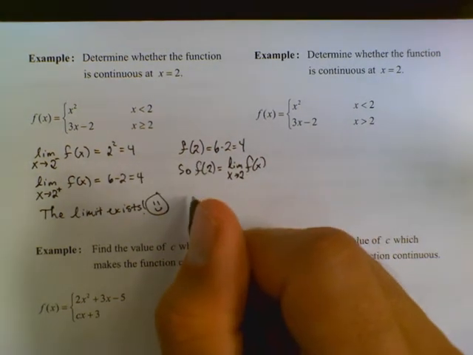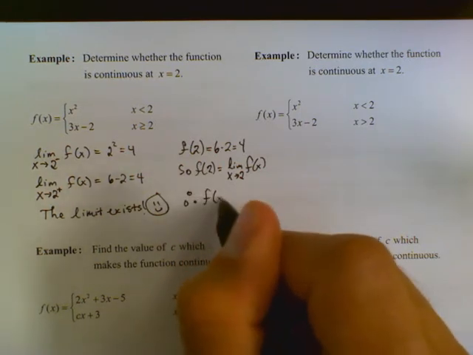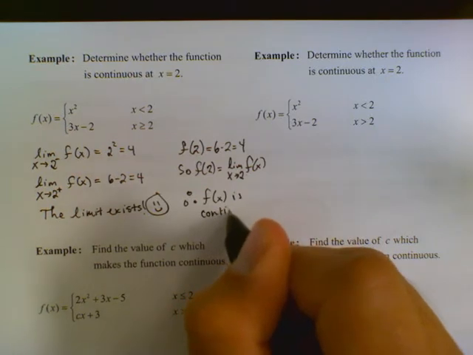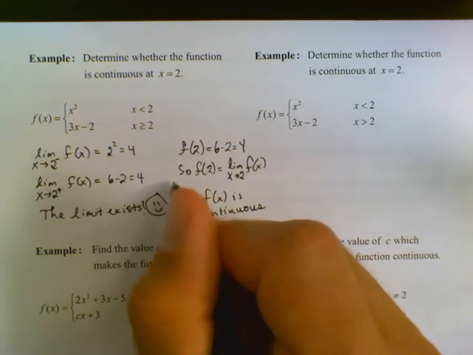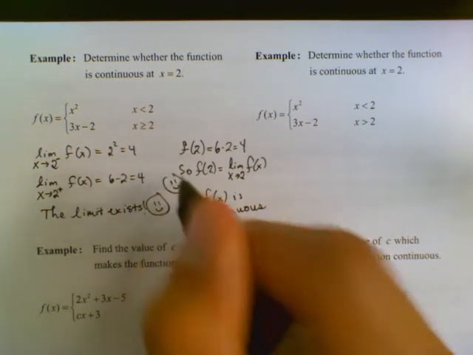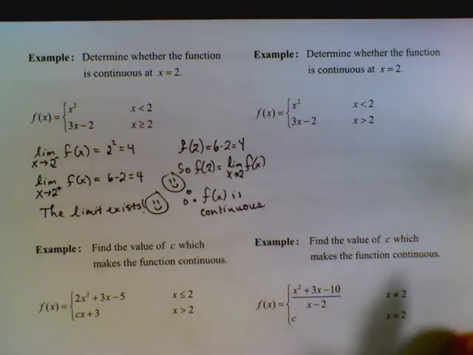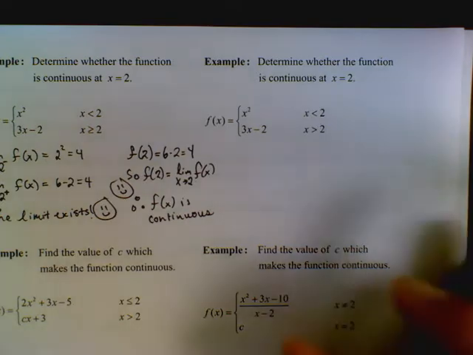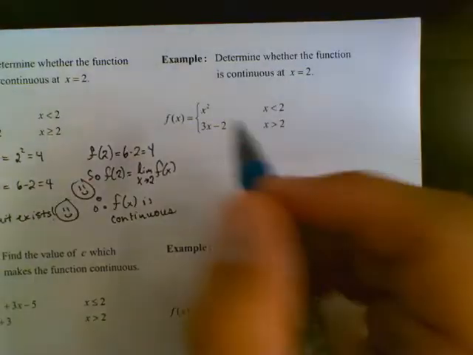So let's say therefore, f of x is continuous. And I probably should have drawn another smiley face here, because that means that we've met another condition. Okay, so maybe I'll switch pen colors just to give you guys a break from that black.